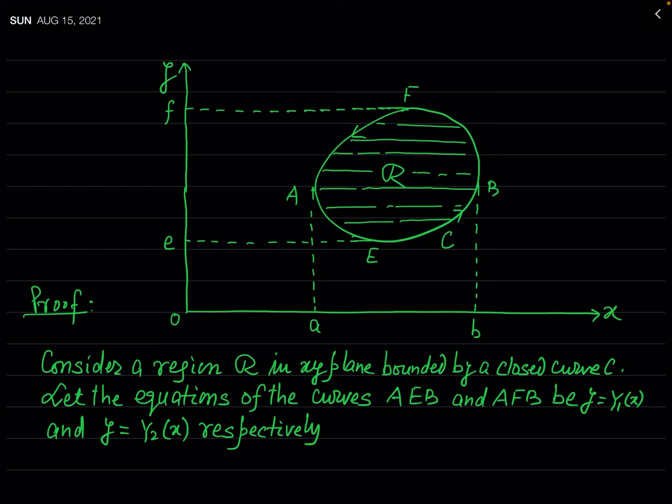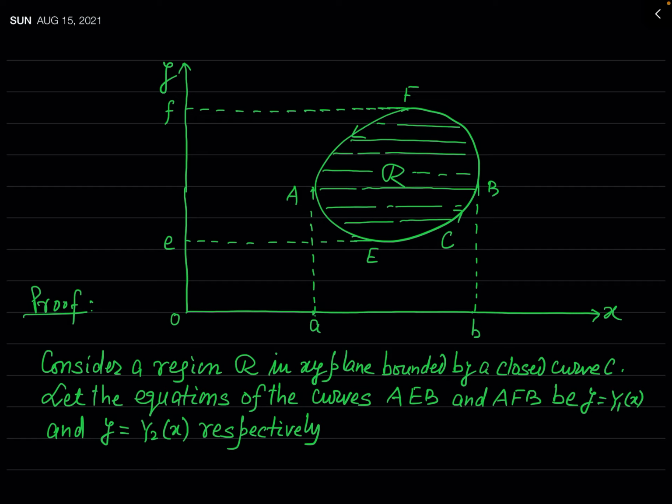You can see when we move from point A to point B, the x coordinate increases linearly from A to B. Corresponding to point A, the x coordinate is small a marked here, and corresponding to point B, the x coordinate is small b.